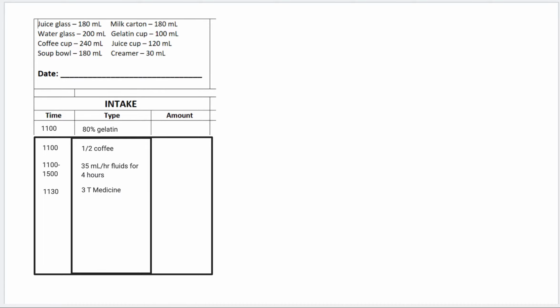Now, what makes this a little bit different than what we just did is that the individual who is consuming these items that have been charted did not consume all of it. They consumed part of it. So what I see here is this individual consumed about 80% of their gelatin. So that's the first thing I'm going to do, is to figure out if they consumed 80% of their gelatin, what is that?